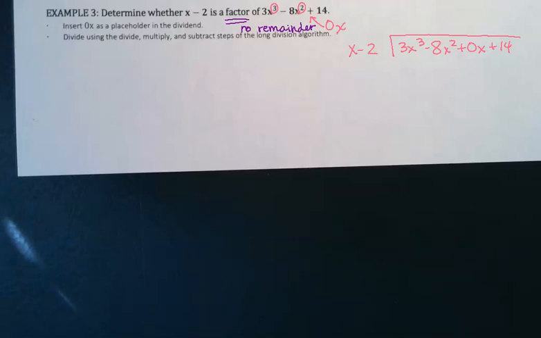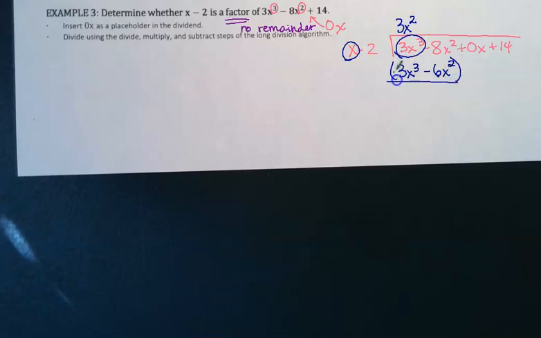So we're looking at x and 3x cubed. I need to multiply by 3x squared so I can get 3x cubed. So x times 3x squared is 3x cubed. Negative 2 times 3x squared is negative 6x squared.